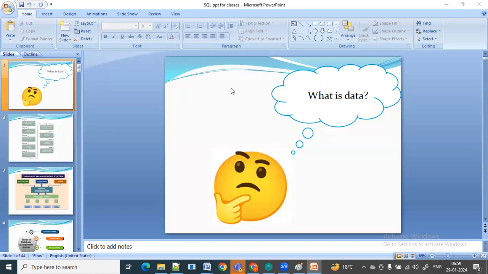Now, Bhavya, if the definition is this simple, why is Google giving the collection of raw facts and figures? Technically, people call it a collection of raw facts and figures.